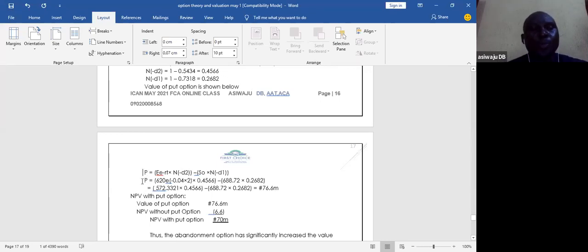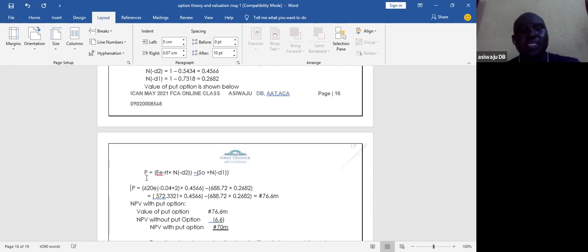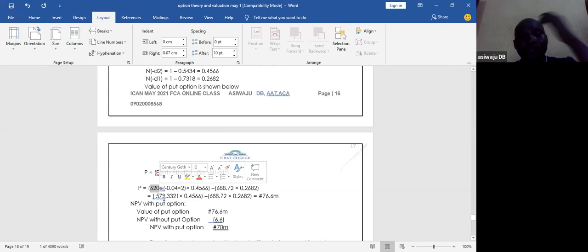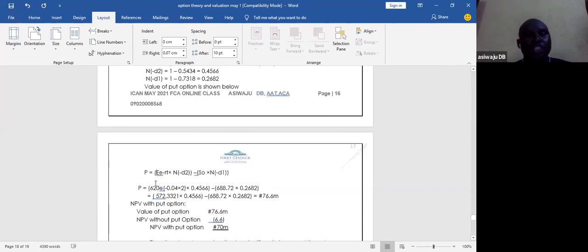Now let's look at our put value. Our put formula is stated. What we need to do is to bring those variables in. Your big letter E is the exercise price.